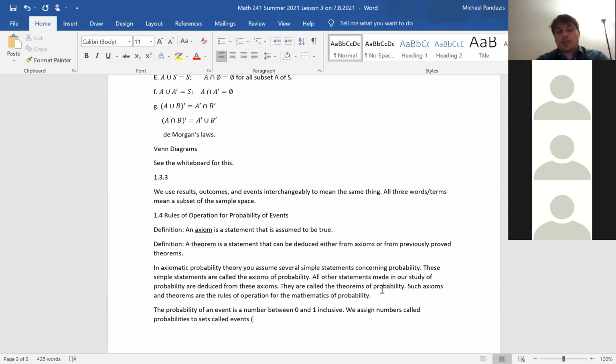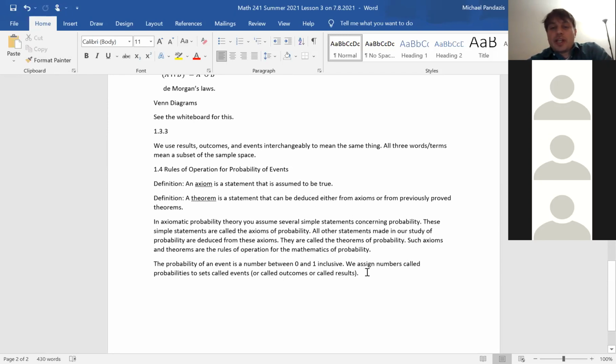And when you call it event, you could also say it's called outcomes or called results, right? Okay. So the probability of an event is a number between 0 and 1 inclusive. We assign numbers called probabilities to sets called events or called outcomes or called results.